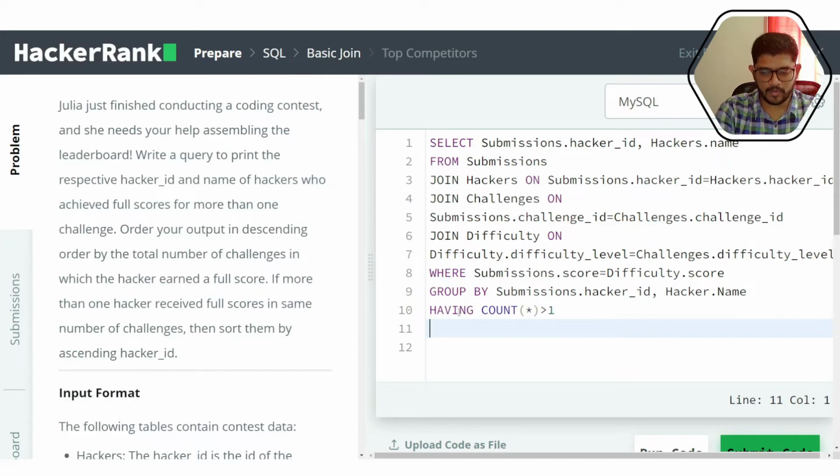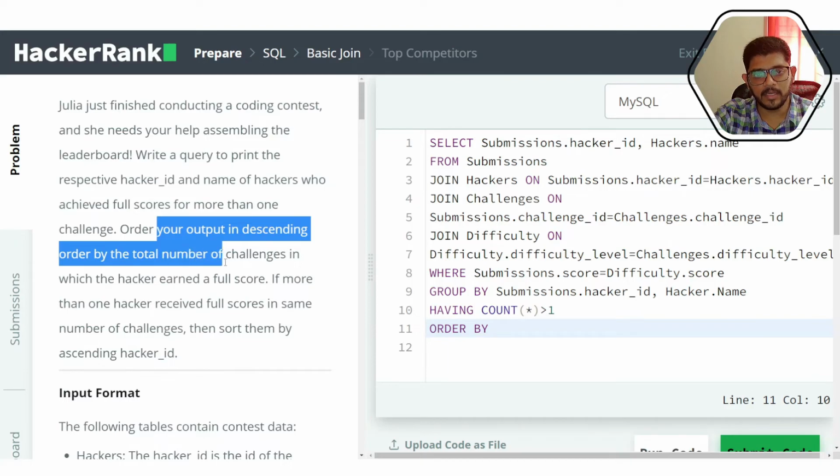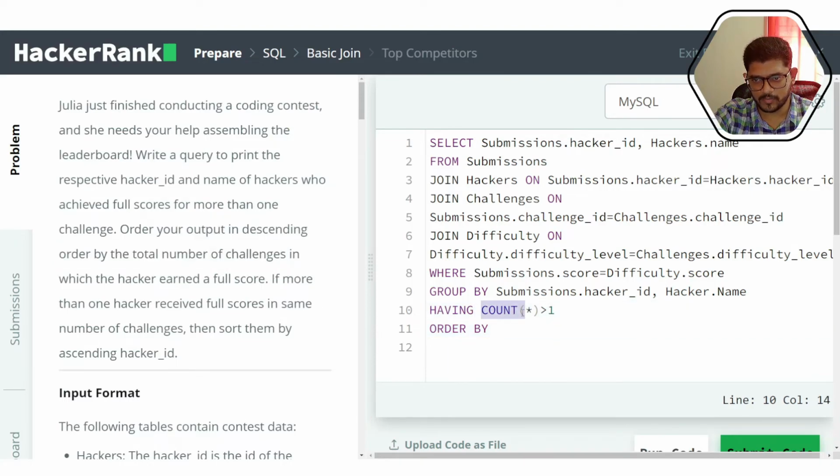And also we will have to do some order by. We will have to print our output in descending order by the total number of challenges solved by the hacker, which is count of star. So we order by count of star in descending order, because we want to see the top performers first.